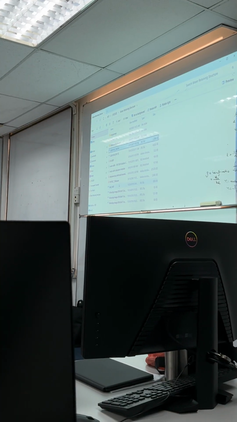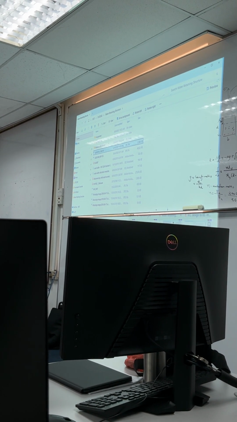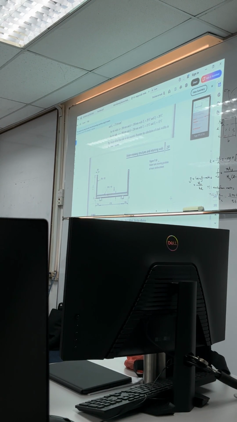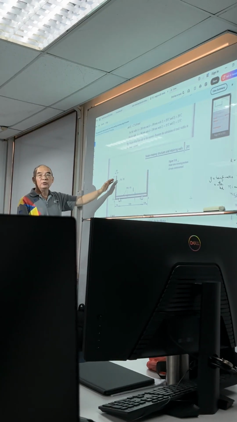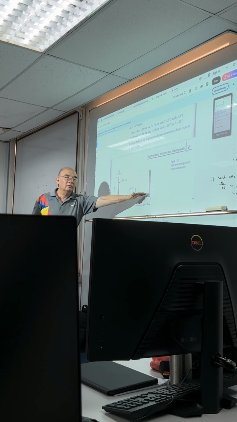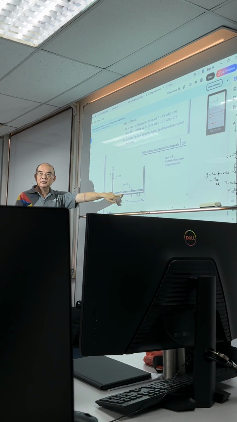Let's go back. So here we are, example 11.3. They not only look at the wall, but also they look at the slab itself.